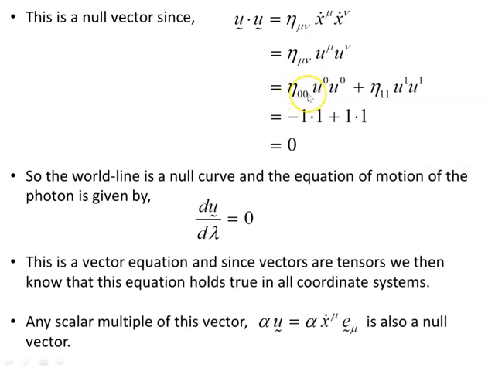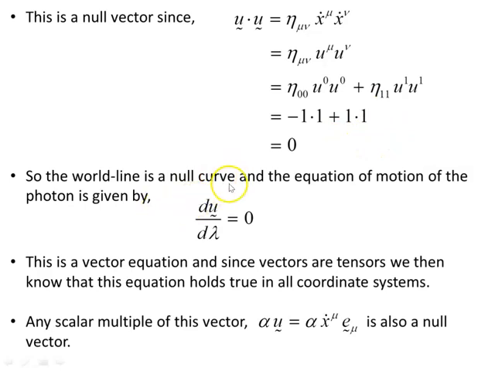There are only 2 components for the u vector, the time component and the first spatial component. We get -1 times 1 times 1 plus +1 times 1 times 1, which I've just chosen to write as -1 times 1 plus 1 times 1, which adds to 0. So we can see that's a null vector. The tangent to the world line there is a null vector.